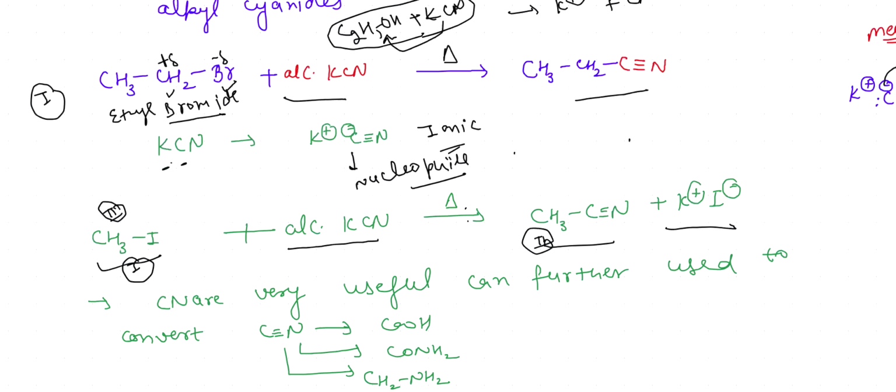So by this, you can form the ascending homologous series. Ascending homologous series means increasing the length of the carbon chain by one carbon atom at a time. This is clear from example number 2 and 1, how we can obtain the ascending homologous series.